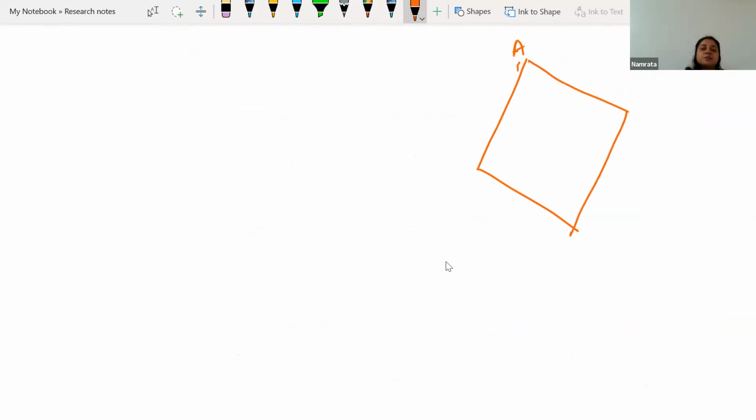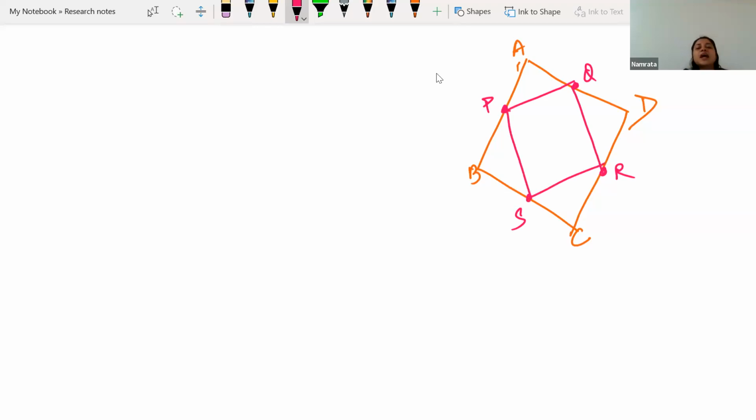In this rhombus, midpoints of each and every side are given, that is P, Q, R, S. Now, once we join the midpoints, we get a rectangle. That's what we have to prove here.